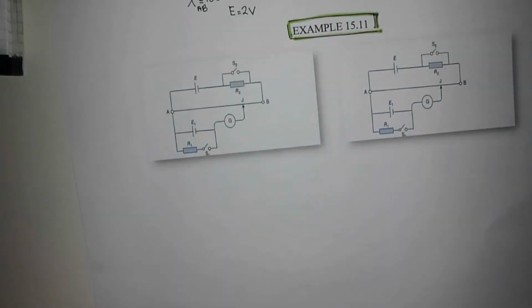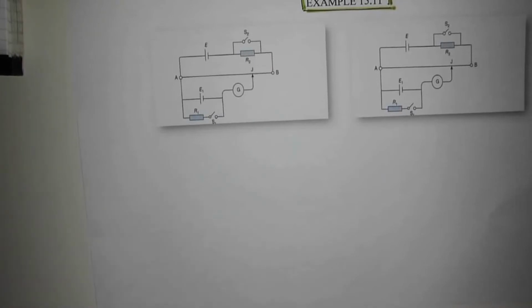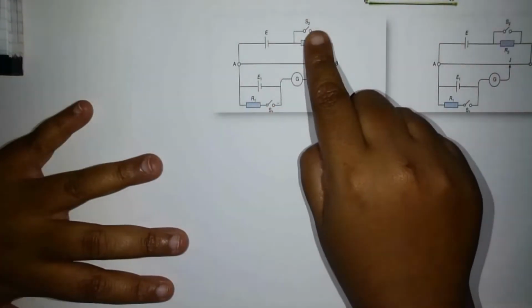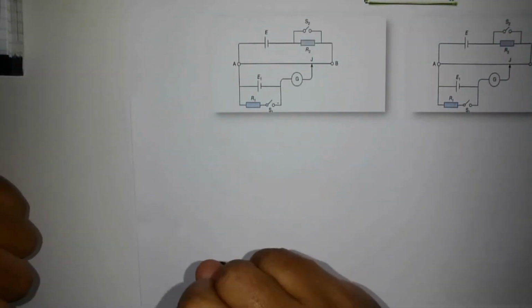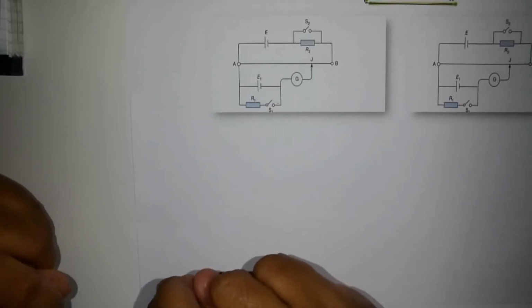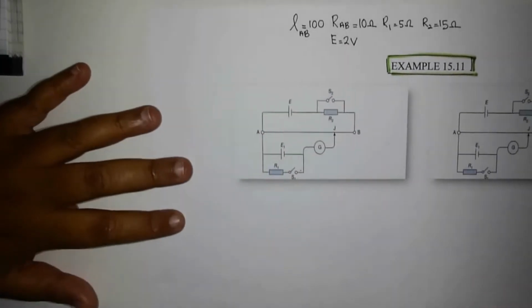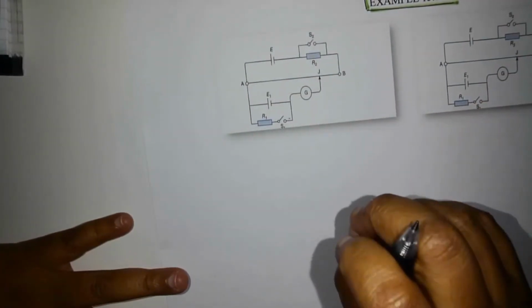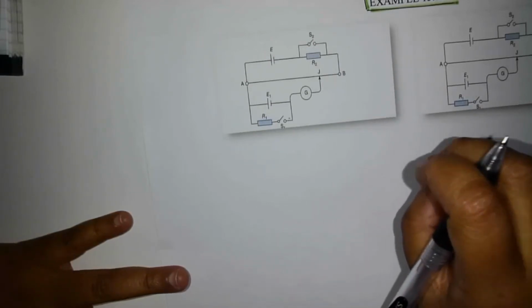Now it says when both switches S1 and S2 are open, the galvanometer G is balanced when the length AJ is 61.5 cm. So when both S1 and S2 are open, the galvanometer G is balanced and the length AJ is 61.5 cm.